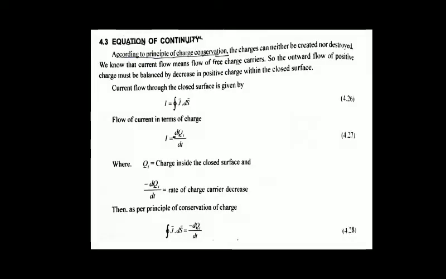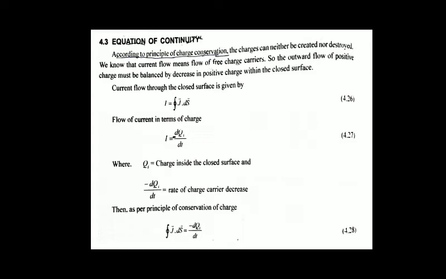In this section, the equation of continuity. Basically, the equation of continuity is based on charge conservation. The charge can neither be created nor destroyed. We know that current flow means flow of free charge carriers.